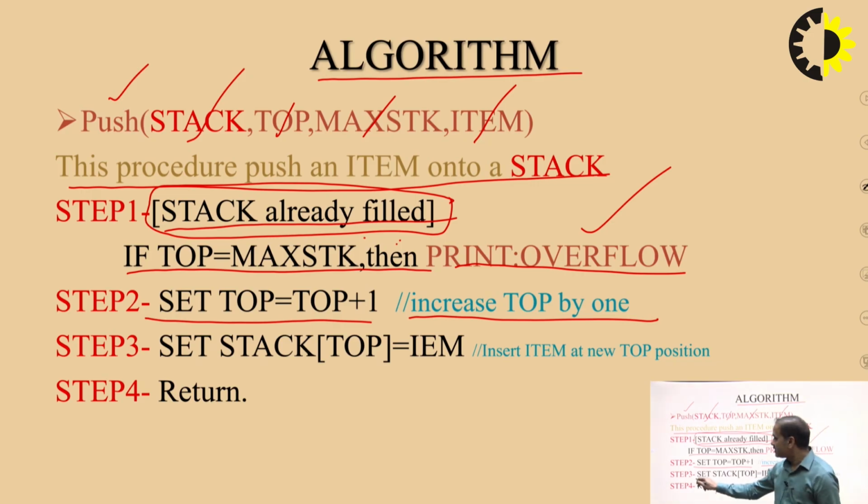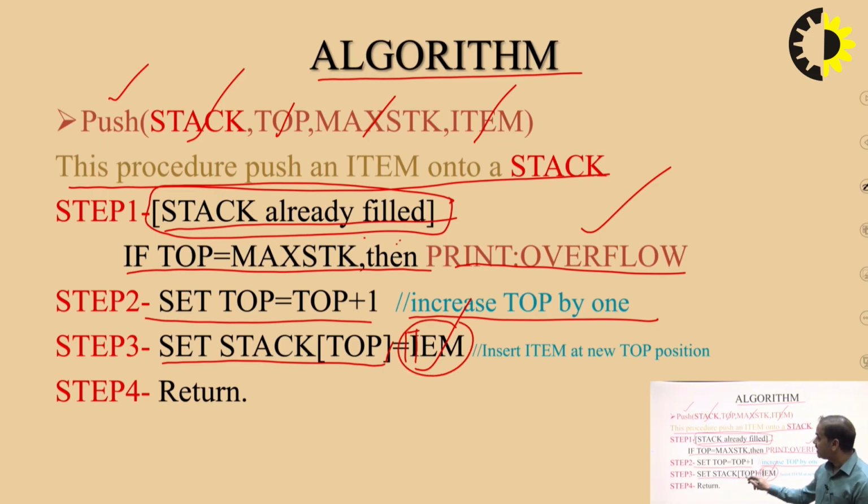Step 3, set stack top equal to item. This is the item. If we want to insert an item inside the stack, then we have to insert here. First, we have to increment the top variable, top equal to top plus 1. Then we have to insert the item at the position top.